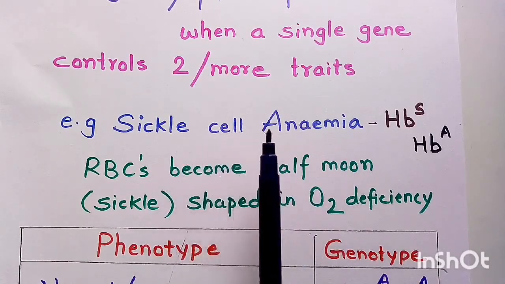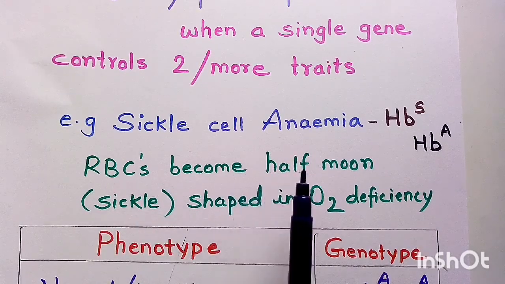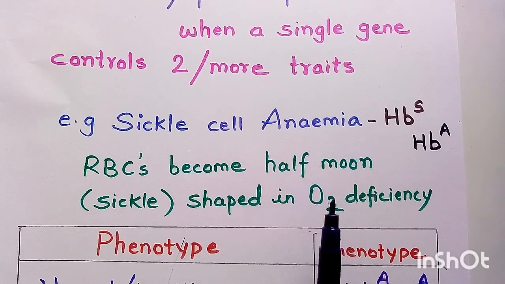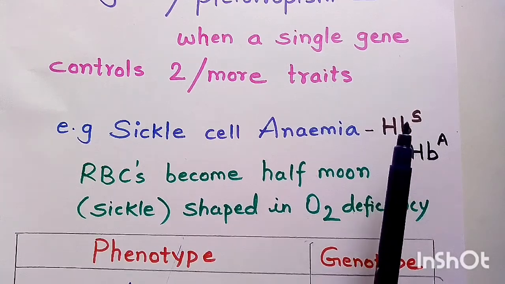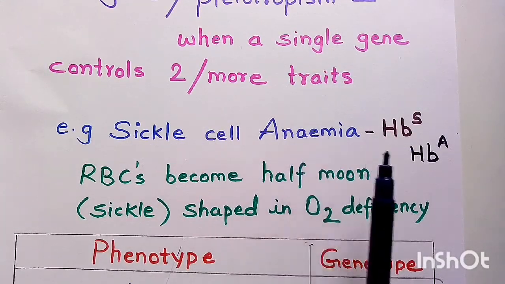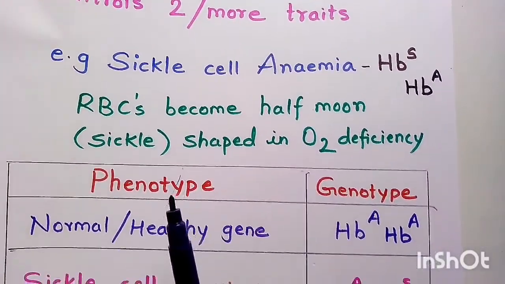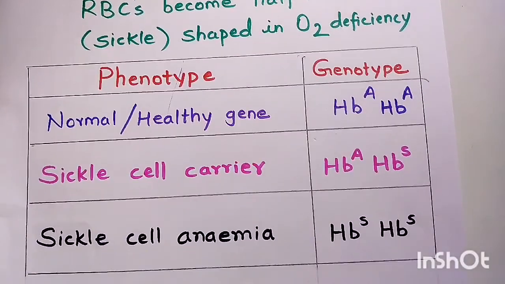So sickle cell anemia is a disorder of blood in which the RBCs become half moon or sickle shaped in low oxygen or oxygen deficiency. HbS is the gene which causes the disease, that is sickle cell anemia, whereas HbA is a normal gene. These are the phenotypes and genotypes for sickle cell anemia.